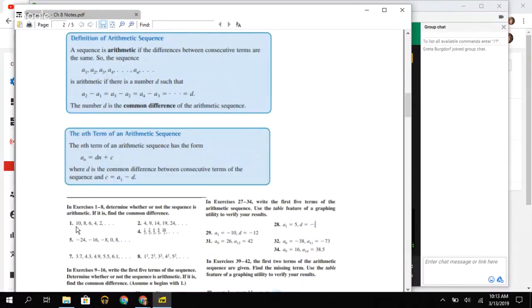So in this case, number 1 is an arithmetic sequence, right? The common difference between each of these, going from 10 to 8 to 6 to 4 to 2, is -2. So the common difference is the second term minus the first term, or the third minus the second, or the fourth minus the third. You subtract those two and see if you have a common difference. That's the definition of an arithmetic sequence.